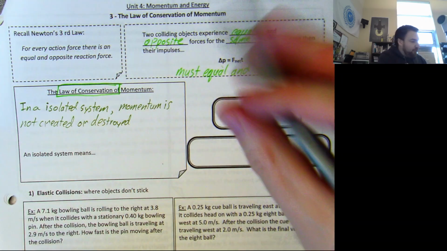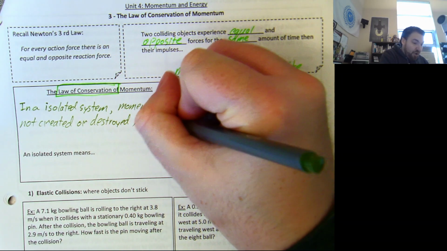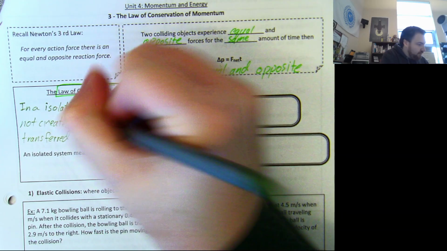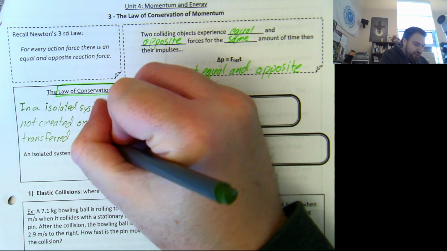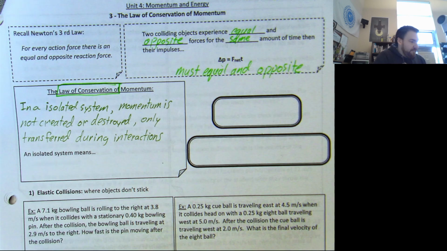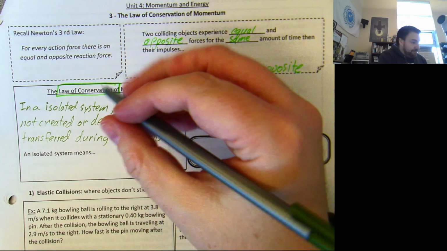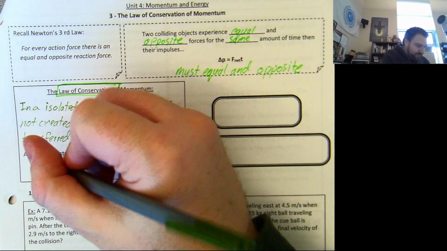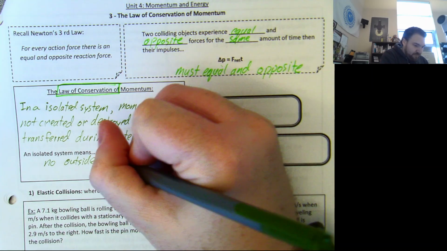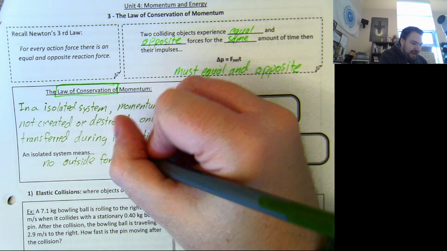So momentum is not created or destroyed, only transferred during interactions. So two objects need to interact with each other in a particular way for the momentum to change, is what this is saying. An isolated system is any system where no outside forces are acting.